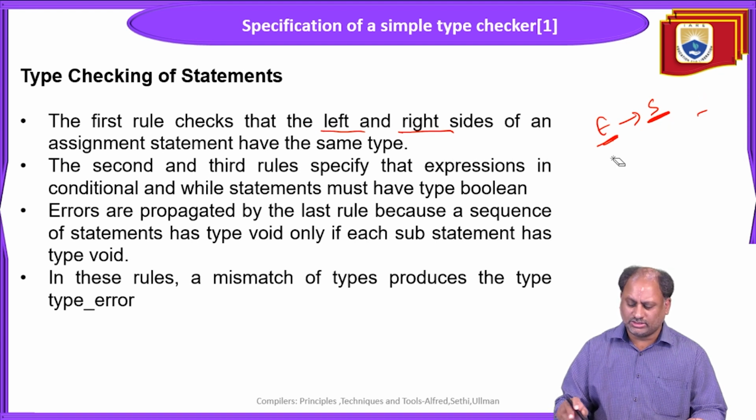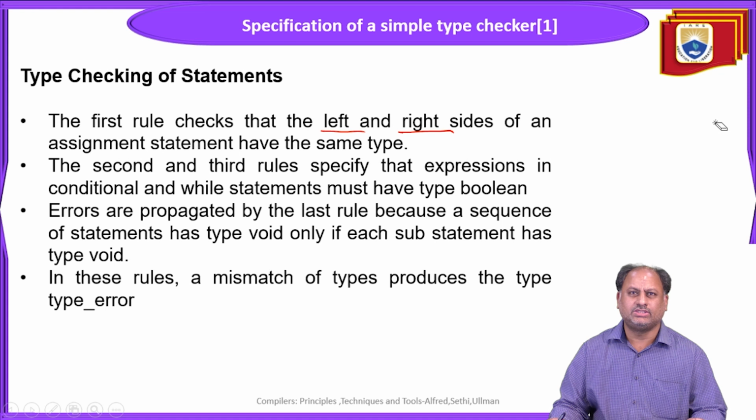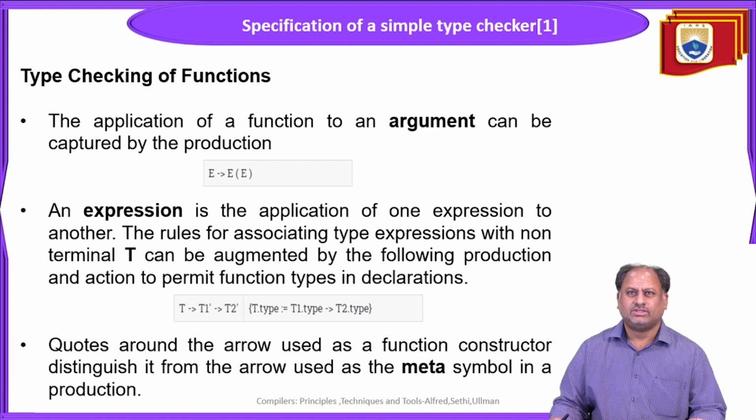Another rule says that conditional statements and while statements are verified with boolean, whether they report the same type boolean or not. Else, errors are propagated with the corresponding rules. Only a sequence of statements whose substatements are void returns void, otherwise an error occurs.